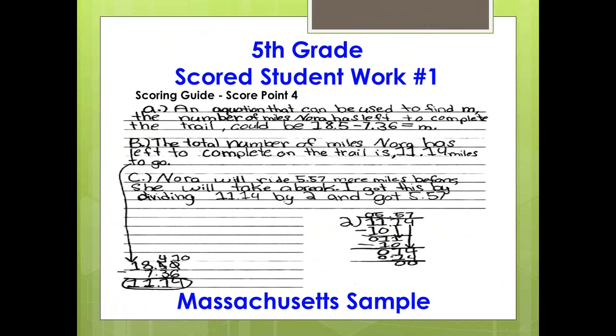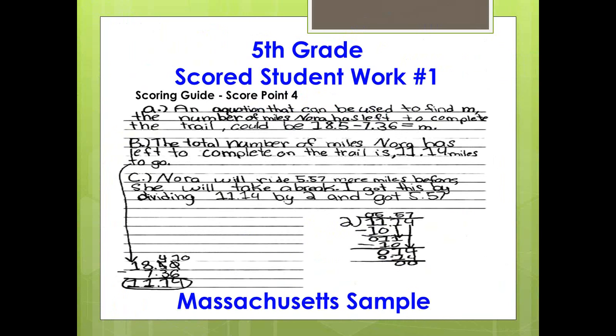Right, the first student work that was scored 4 points out of 4 points. On part A, the explanation that the student provided and the work says an equation that can be used to find M, the number of miles Nora has left to complete the trail, could be 18.5 minus 7.36 equals M. Okay?